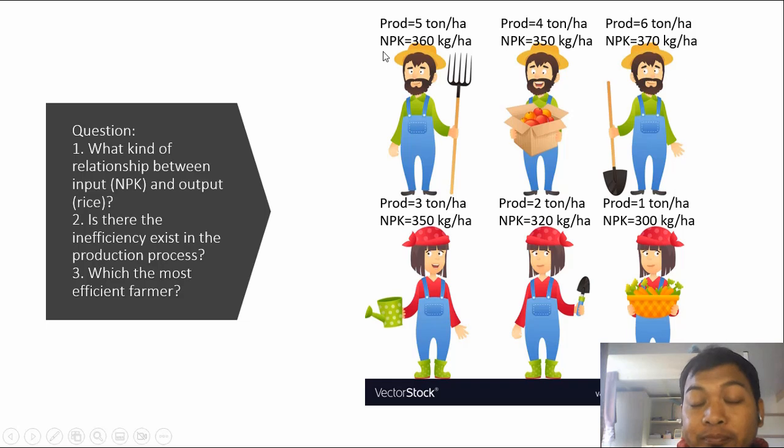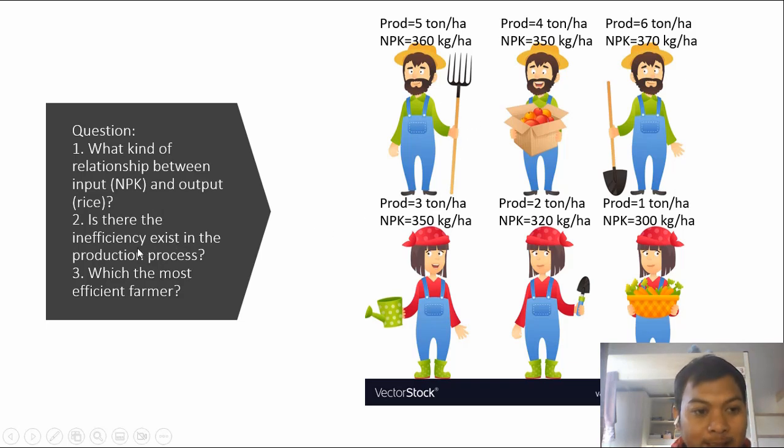And then this is also an example. There are some farmers, with NPK as input and the production as output. From this example, we have some questions. The first question is what kind of relationship exists between the input and output here.